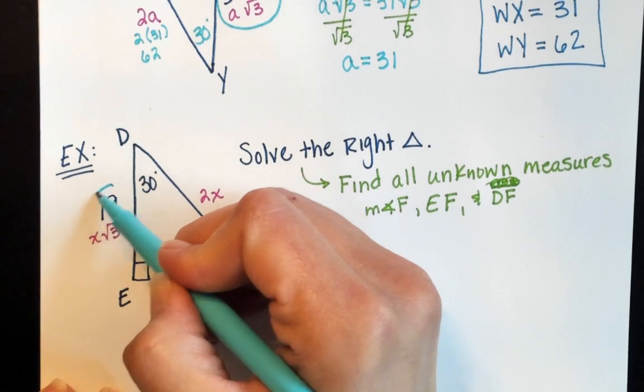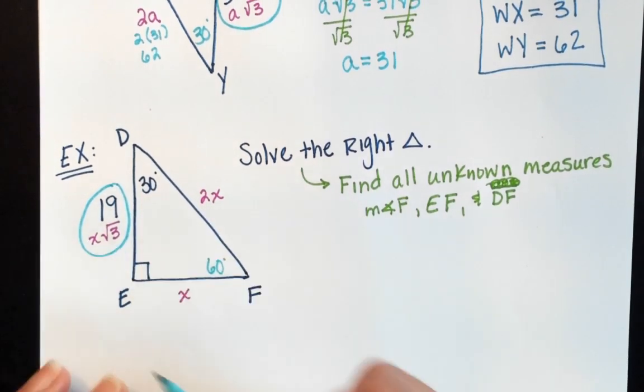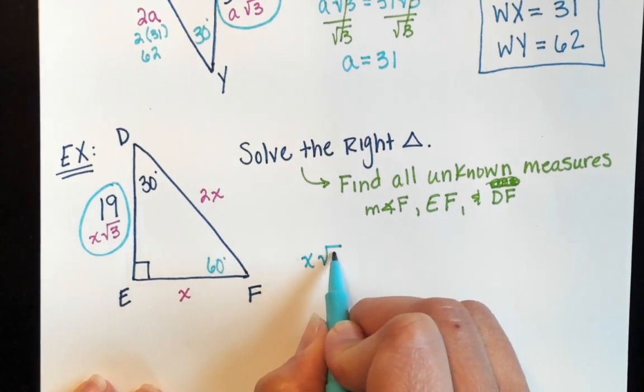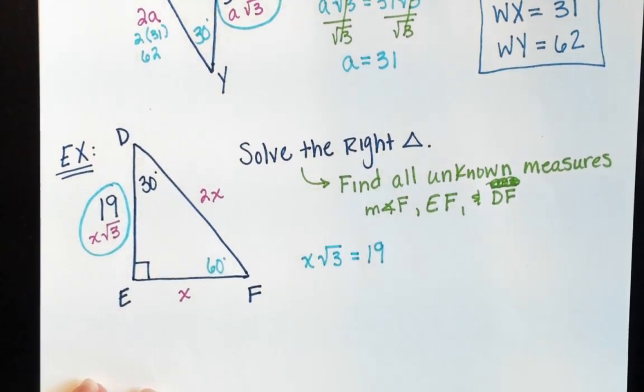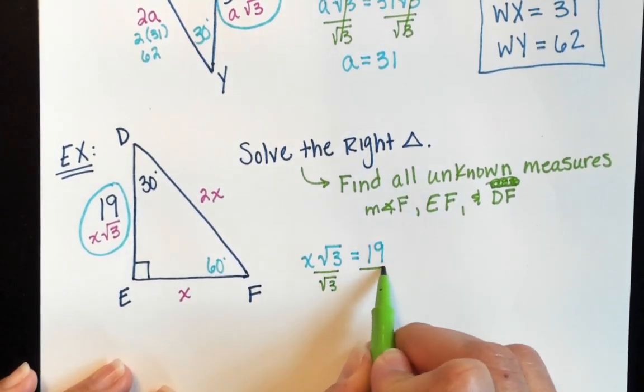And again, find the side that has our value and our formula and set them equal to each other. So X radical 3 is equal to 19. In order to solve, we're going to divide by radical 3.